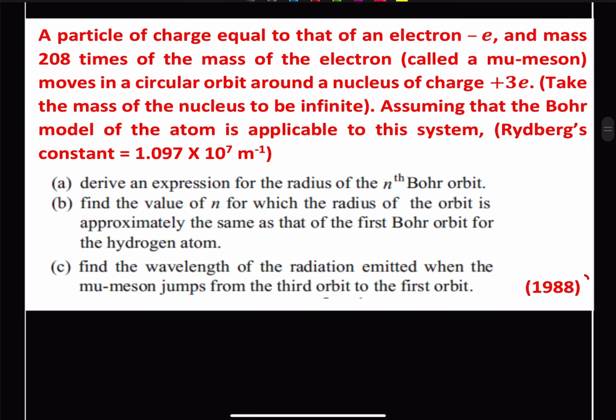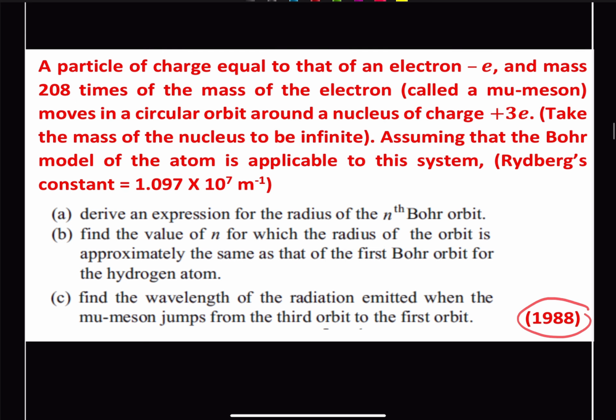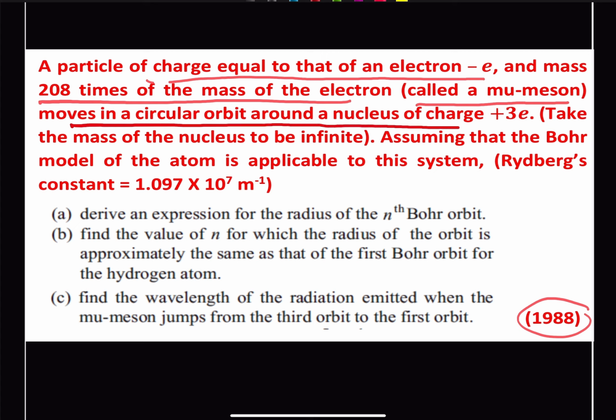It was asked in the year 1988, and it states that a particle of charge equal to that of electron and mass 208 times of the mass of electron, called as mu meson, moves in circular orbit through a nucleus of charge plus 3 electron. Take the mass of the nucleus to be infinite. Assuming that the Bohr model of the atom is applicable to this system, Rydberg's constant is 1.097 into 10 to the power 7 per meter.